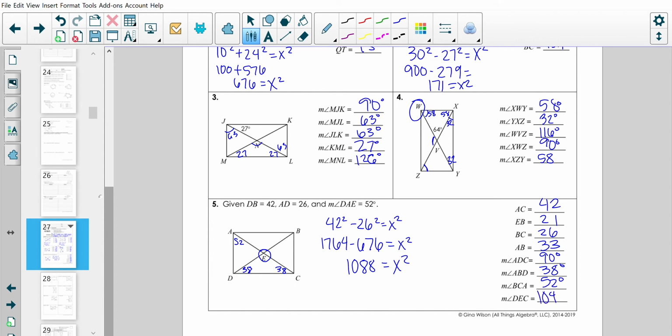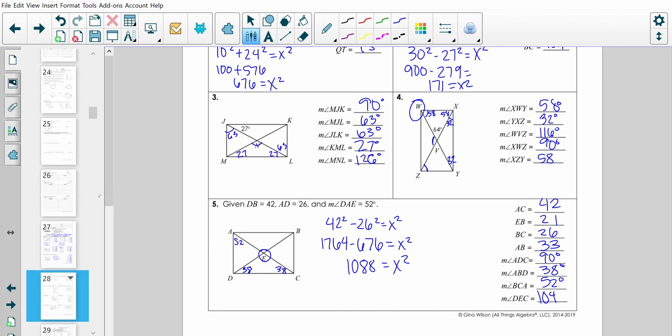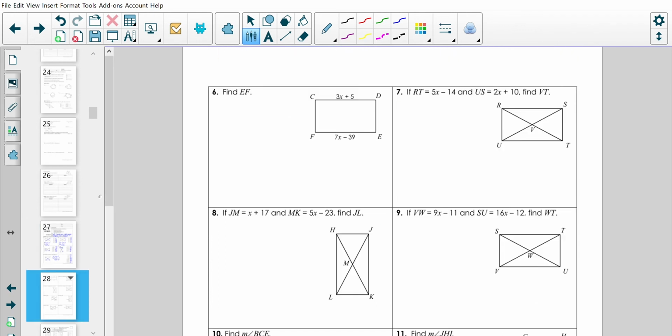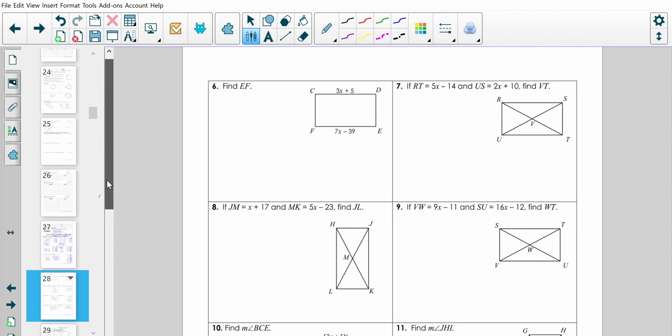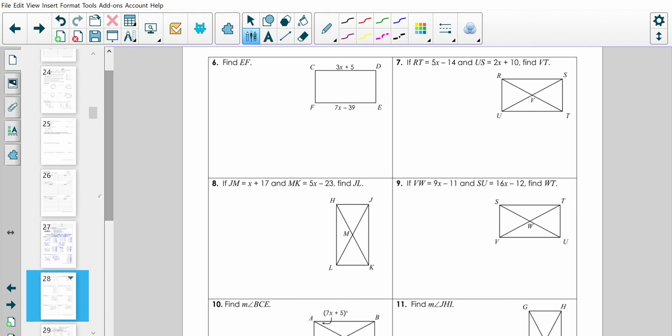Flip it over. Algebra. We're just going to do the evens. On number 6, what do I do? 3x plus 5 equals 7x minus 39.